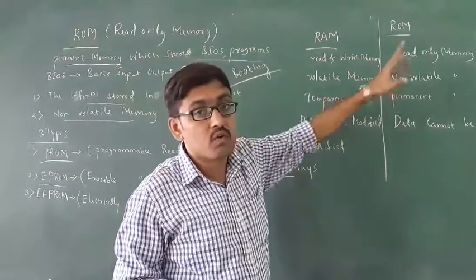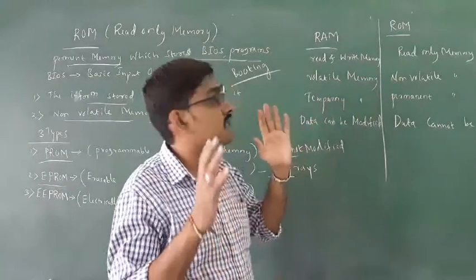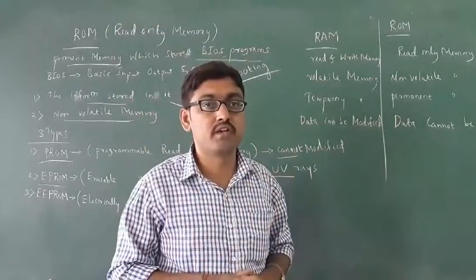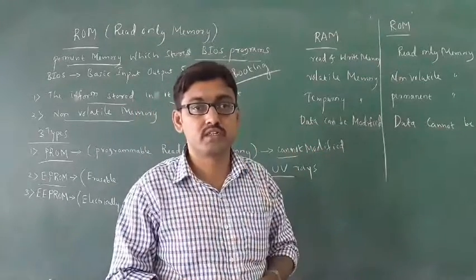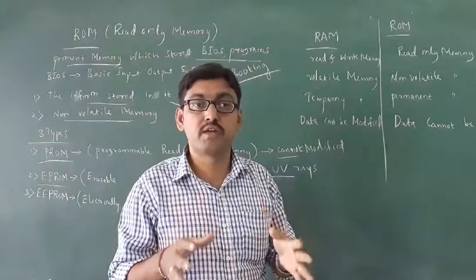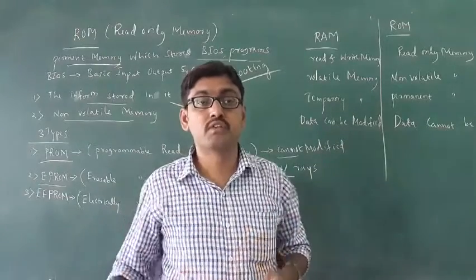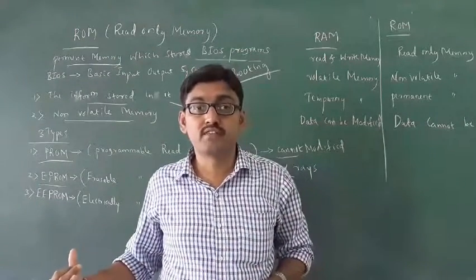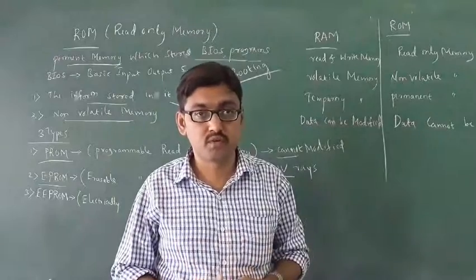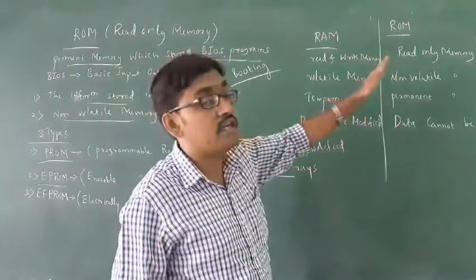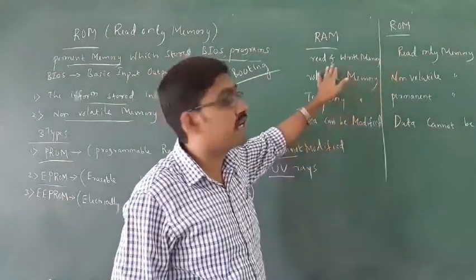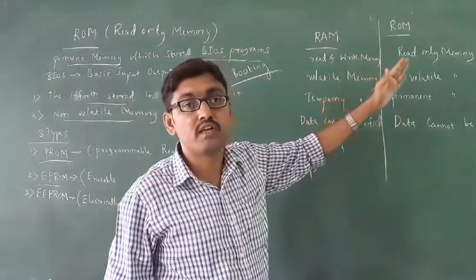But ROM is read only memory, which means you can only read it. You can modify it using UV rays or electrically erasable methods, but it is still a read only memory.